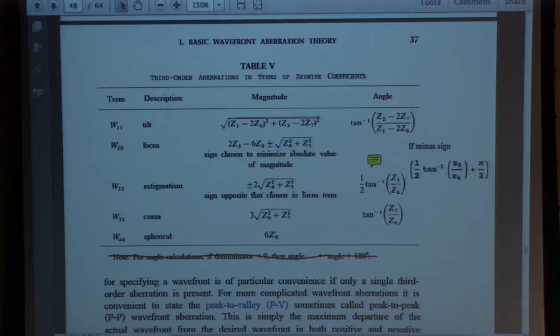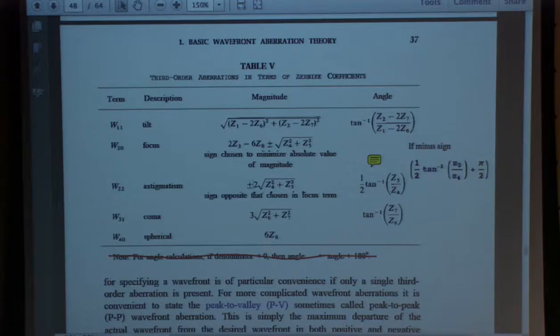Now, there's a plus and minus sign here. This kind of groups here with the astigmatism, because some of these terms come from the terms where you had astigmatism. And I put here that the sign is generally chosen to minimize the absolute value of the magnitude. And so it could be a plus or minus.